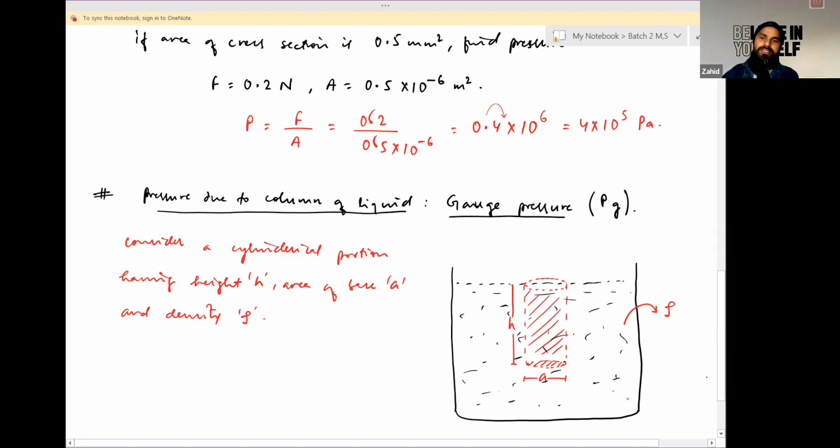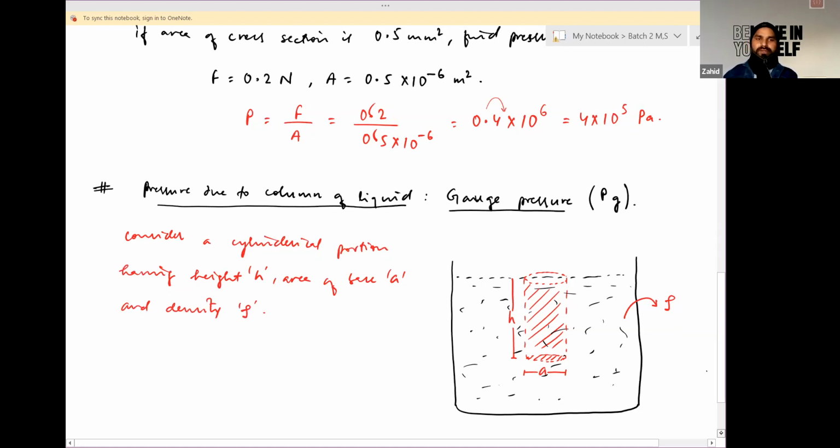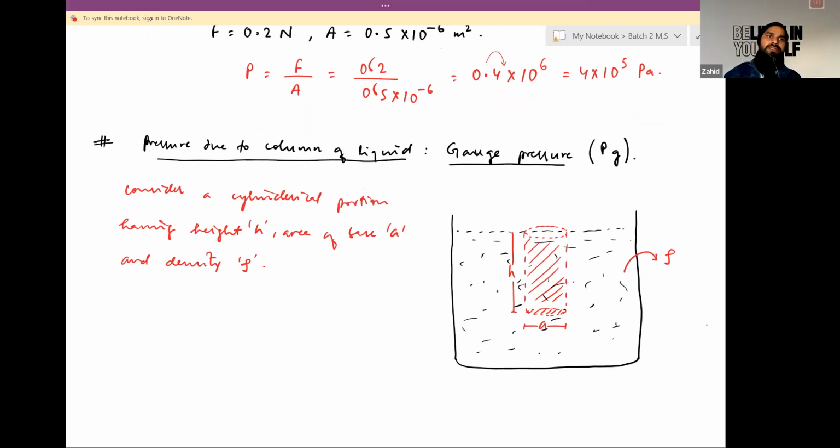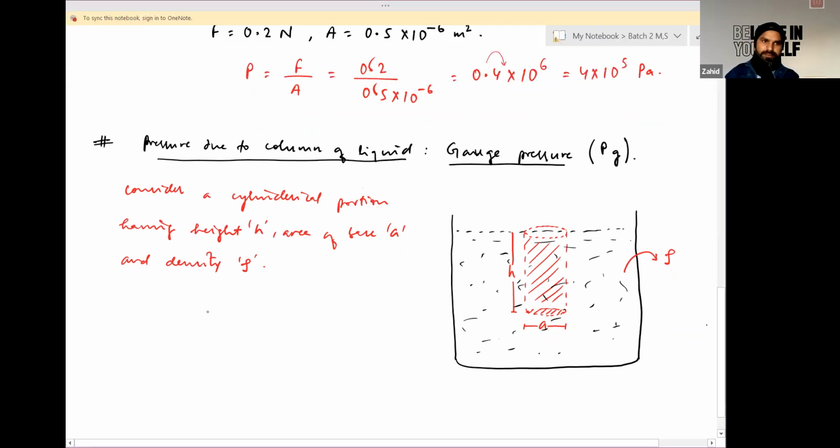So for pressure, we just need two different terms. First is force, and second is area of cross-section. Force is exerted by this column of liquid. So force exerted by this column equals mass times gravity. We may convert this mass in terms of density, as mass equals density into volume. So it will be density into volume into gravity.